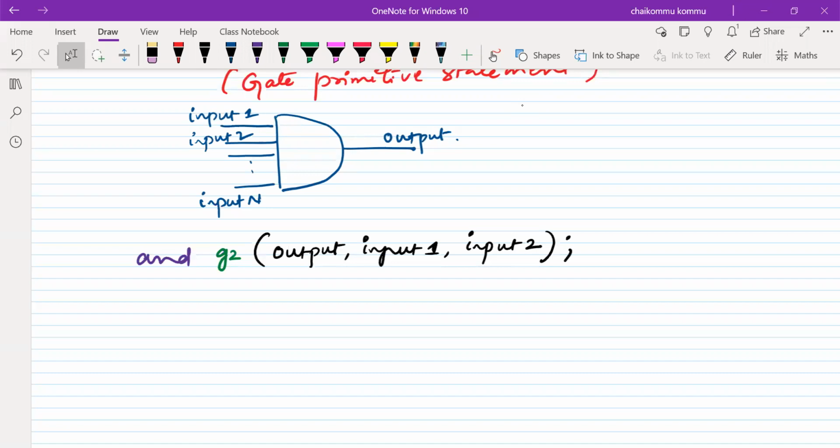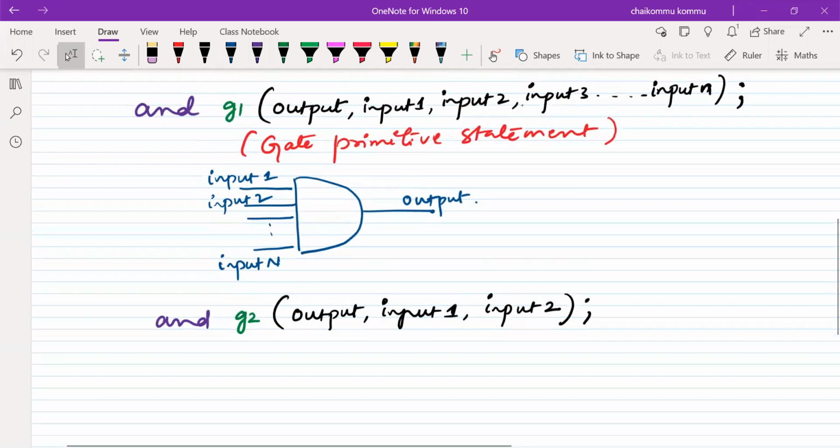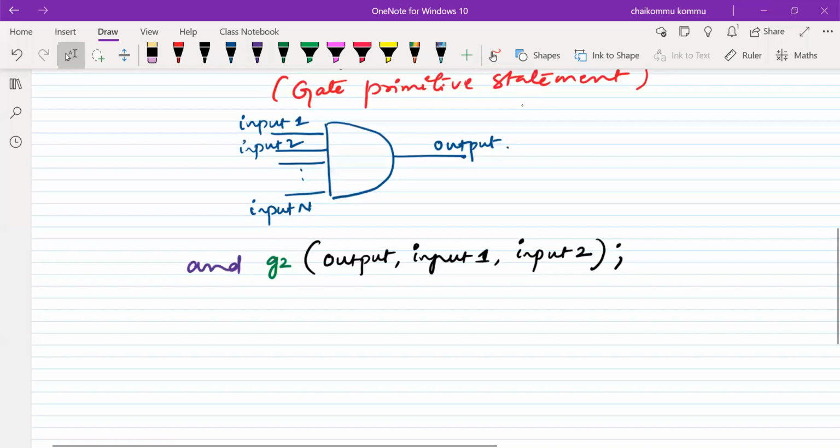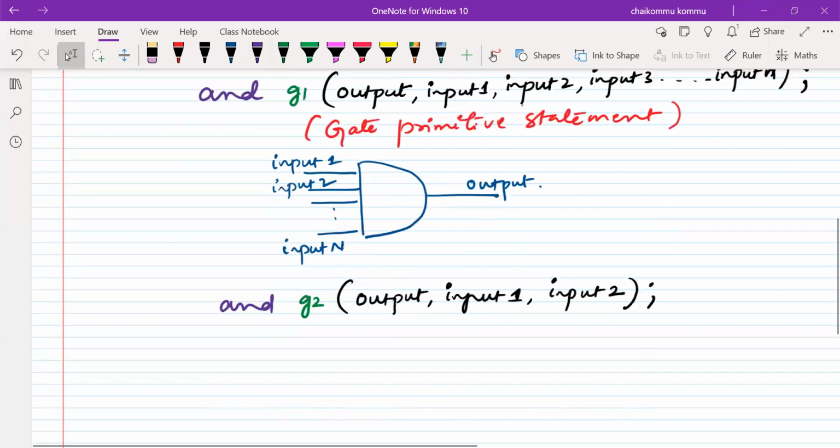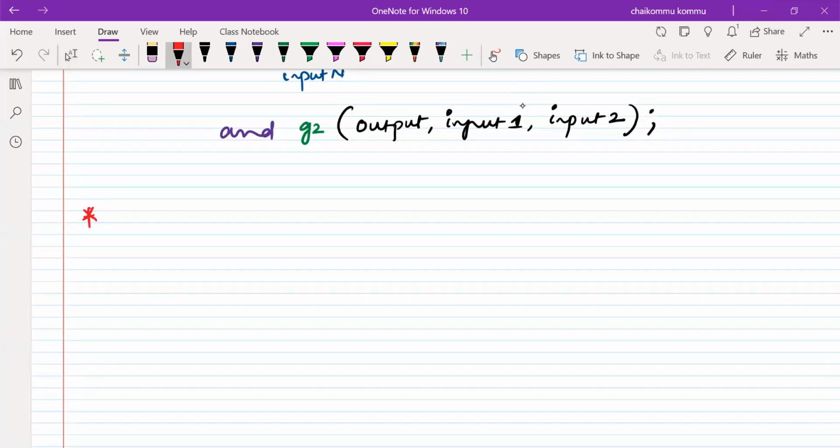we have to use. Let us consider, when we are using these kinds of gates in your program, what is the truth table of this gate? Let us write the truth table.